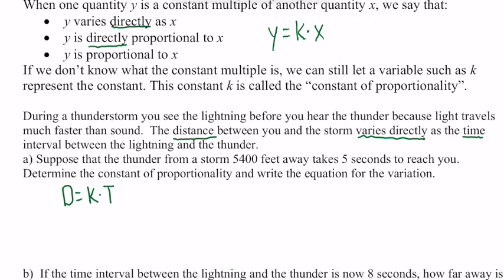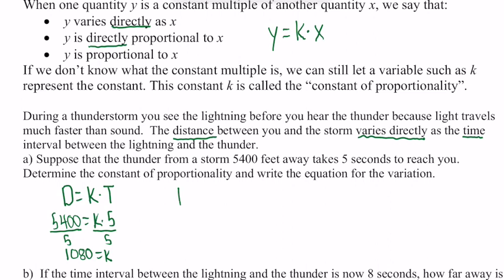We're going to plug in the values we're given to help us figure out what that k should be. Here we have 5,400 equals k times 5. To get k by itself, we divide both sides by 5, and we have 1,080 equals k.